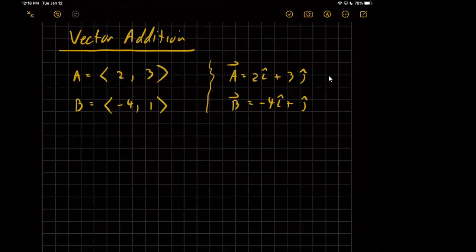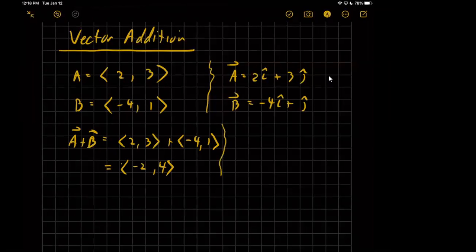All right, so it's pretty easy to say A plus B is equal to 2, 3 plus -4, 1. And you know that we add the x components to the x components, so that gives us -2, and the y component added to the y component is a 4. And there is my answer for A plus B in component form.